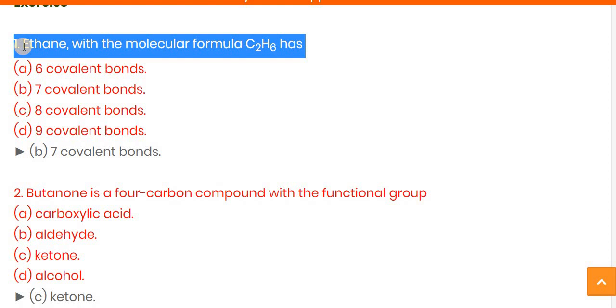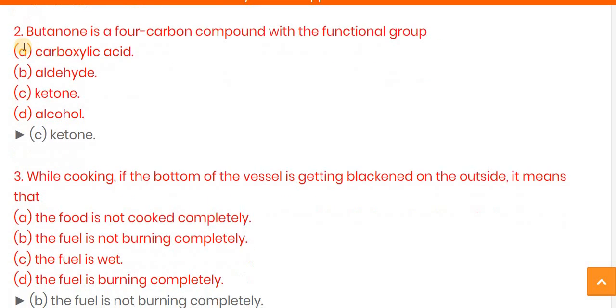So 6 plus 1, total 7 covalent bonds. So the answer is B, 7 covalent bonds.